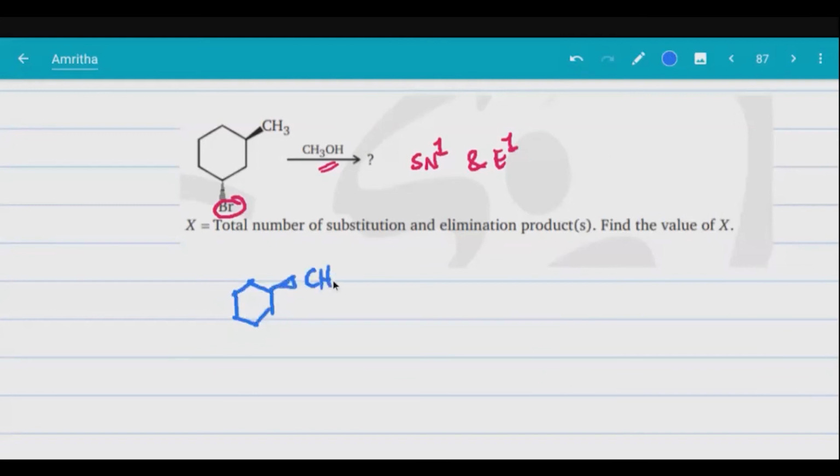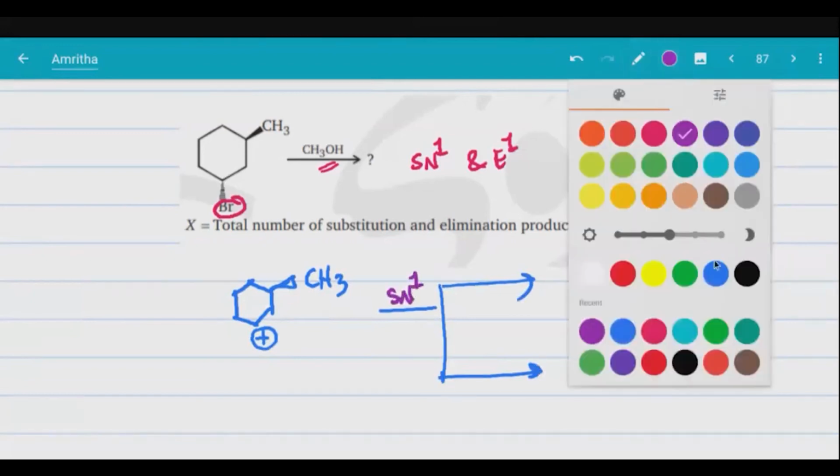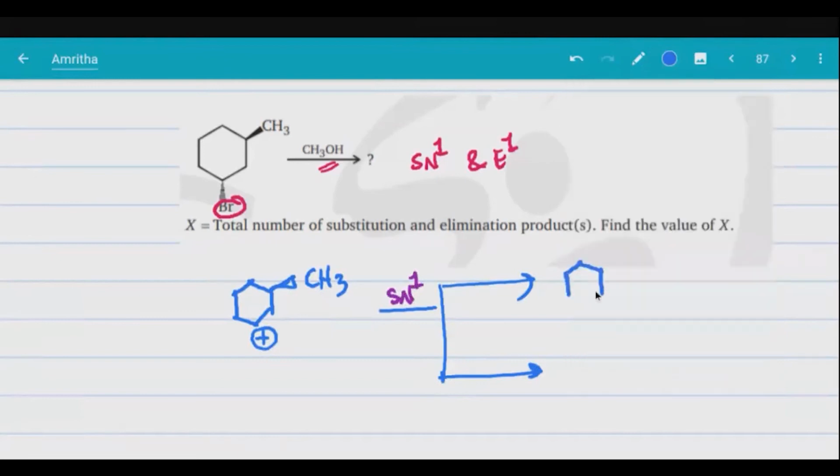This will give carbocation first. So I will write two products with substitution. SN1 mechanism. What product will I get? Let me write those products first. There is CH3.